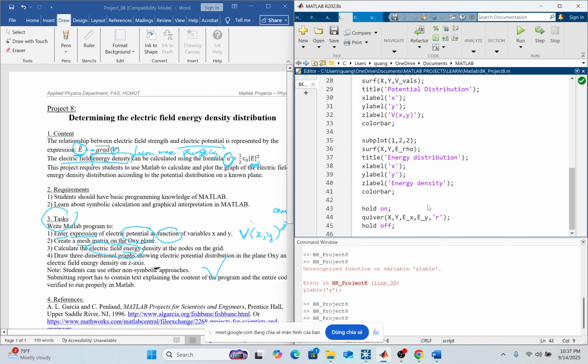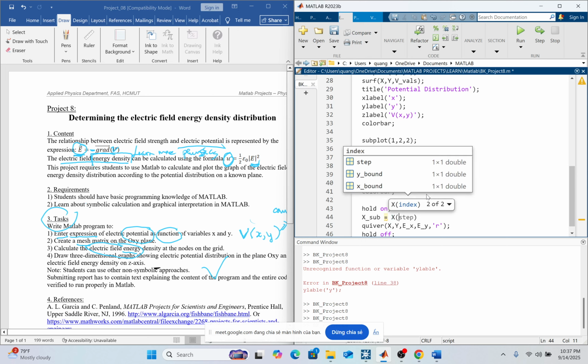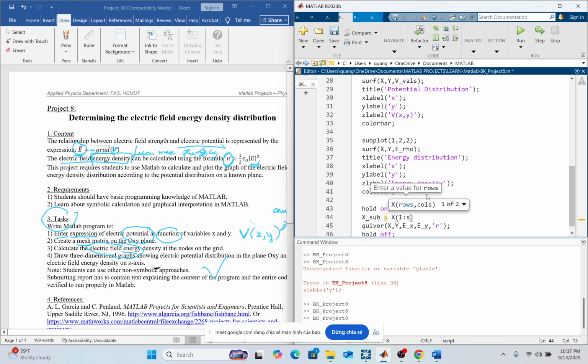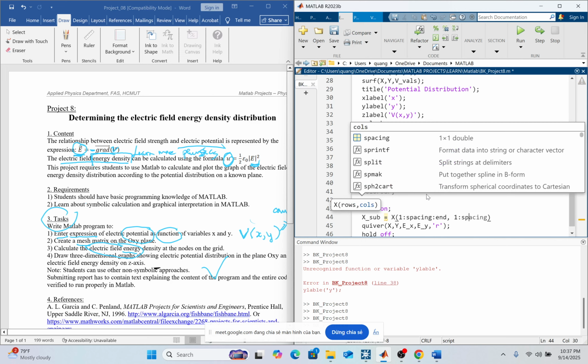And how do I do it? Instead of using the initial x and y quantities, I can use a smaller set of x, and I will still use the x but I will only use the values from 1 to n in steps of the spacing, and also 1 to n in steps of the spacing.